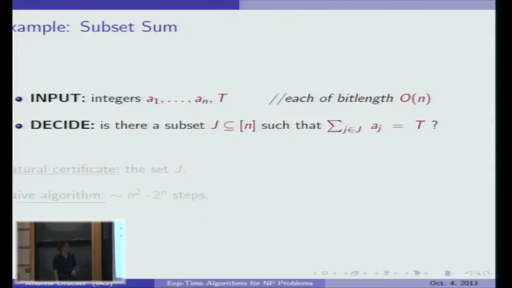So, an elementary arithmetic problem. Why is this problem in NP? Well, the natural certificate to witness a yes instance is to just show us the set J, and then we can verify ourselves that this equality holds. On the other hand, finding J may be much harder. The naive algorithm of trying all such J is exponential. It takes time roughly 2 to the n times some overhead for the additions.